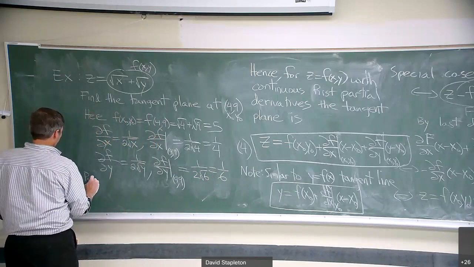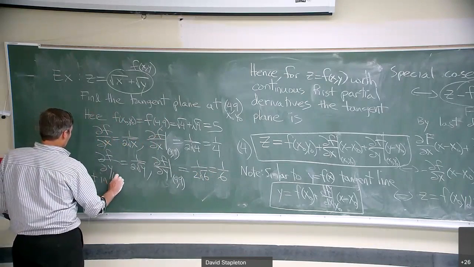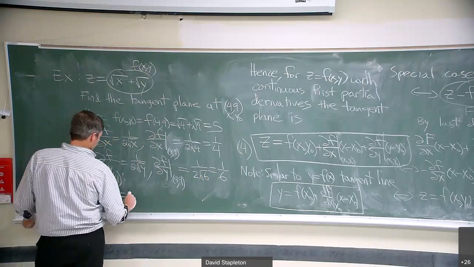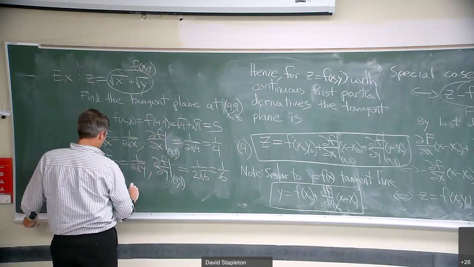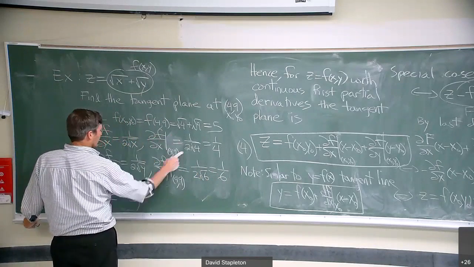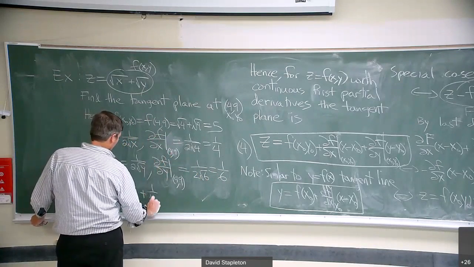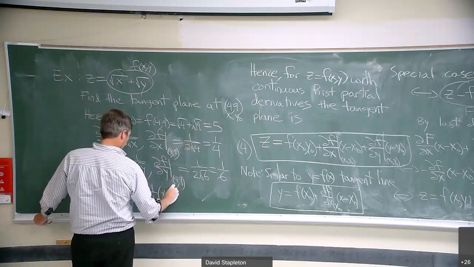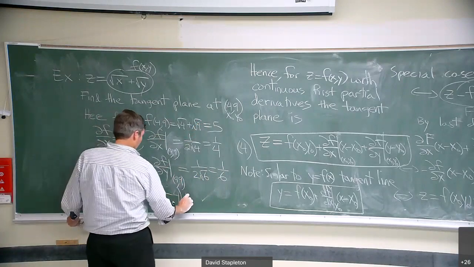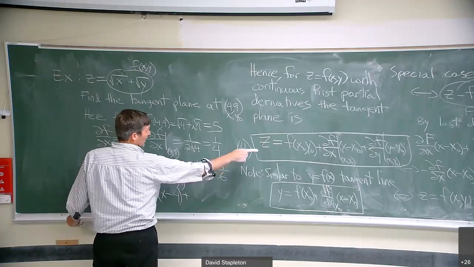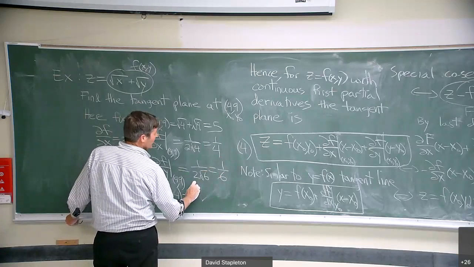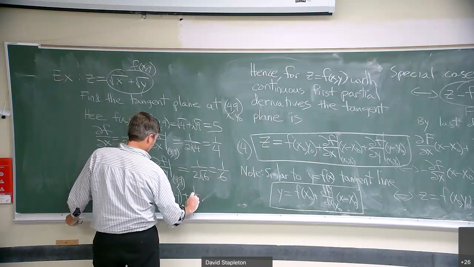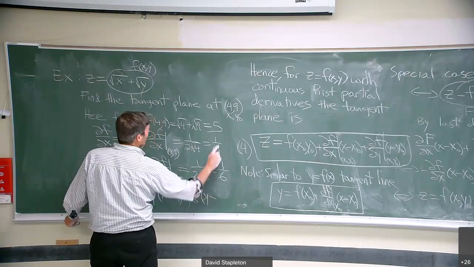You put these in formula 4, and we have the tangent plane. Z equals the function 5 plus the partial with respect to x, 1/4, times x minus x naught, which is 4, plus the partial with respect to y, 1/6, multiplies y minus y naught, where y naught is 9.